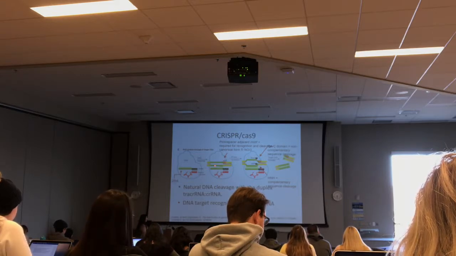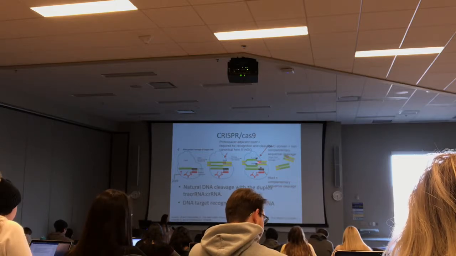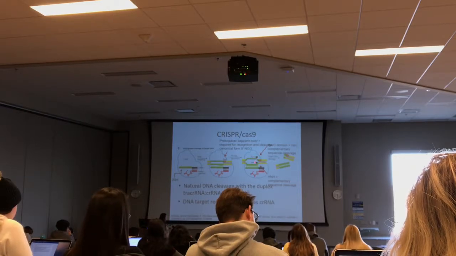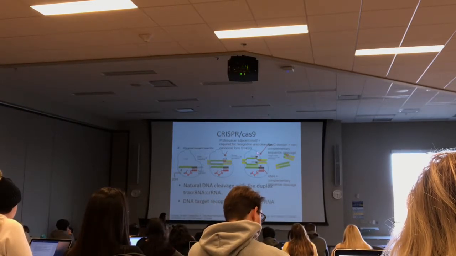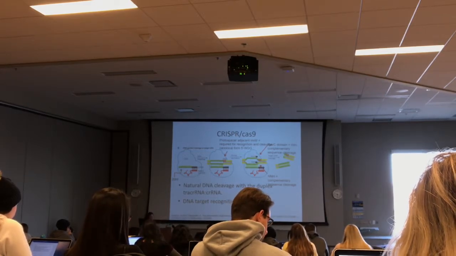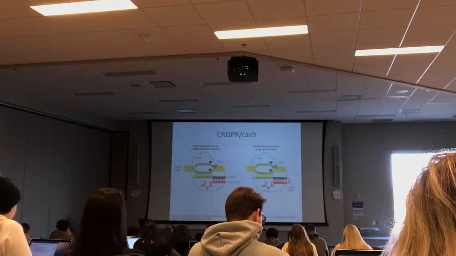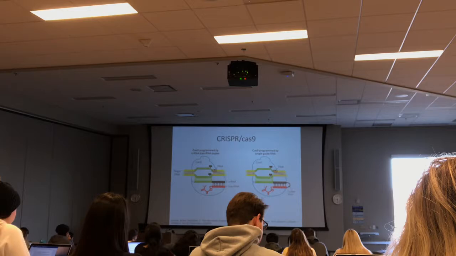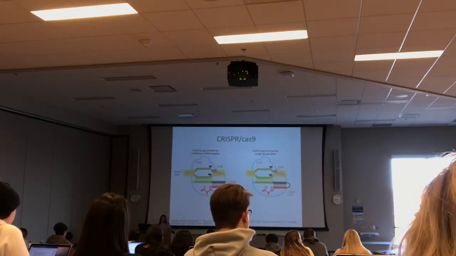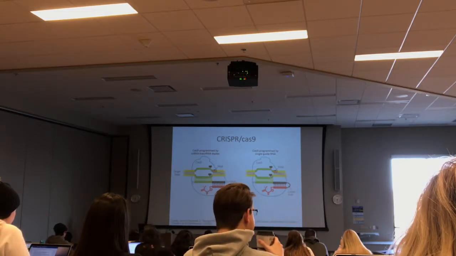So we have our PAM, we have our guide RNA, we've got a complementary sequence. Now our HNH domain is going to cut that complementary strand. The RuvC-like domain is going to cut the opposite strand. And you get a double-stranded break. So what's been done to use it for genetic engineering purposes? Okay, so we've modified the RNAs, right?